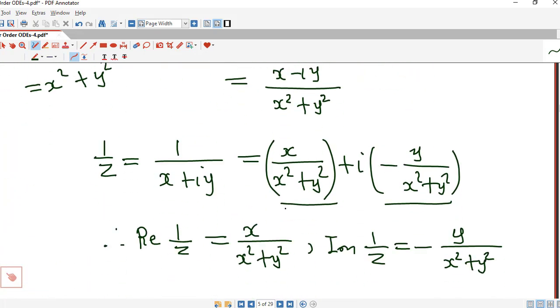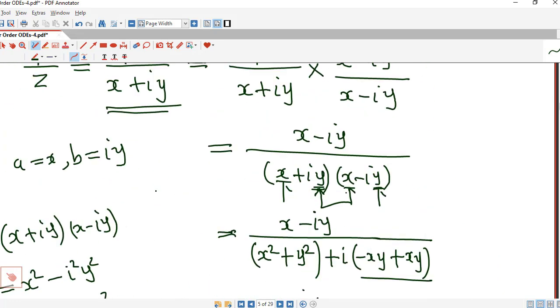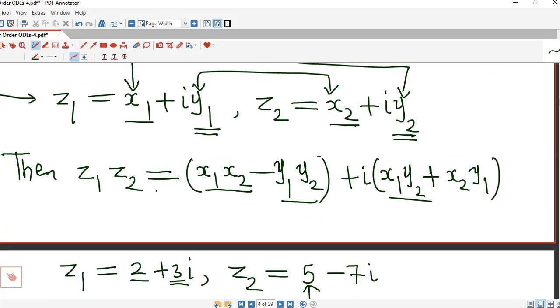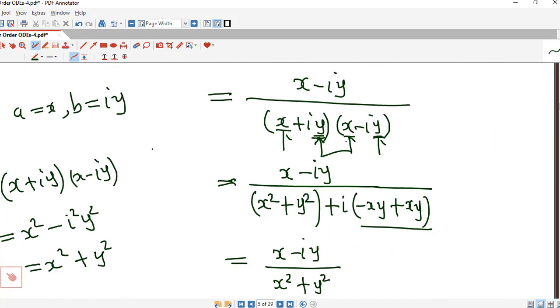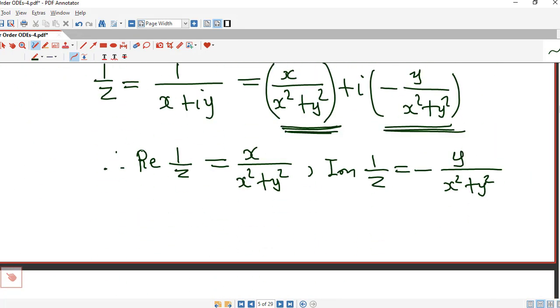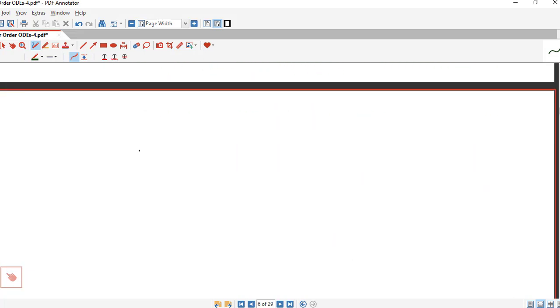So this is the step where we obtain 1 by z in terms of something plus i into something. So this is nothing but the real part of 1 by z, and this is nothing but the imaginary part of 1 by z. So we will require this type of thing in this method. That is the reason why we are trying to understand how to find real and imaginary parts if our complex number or complex function is not in standard form.